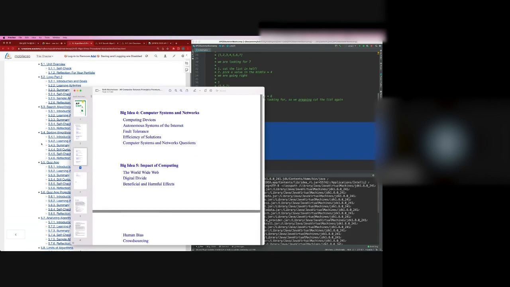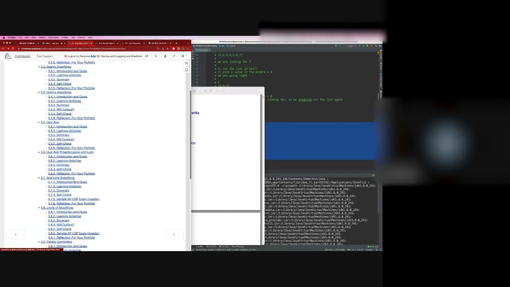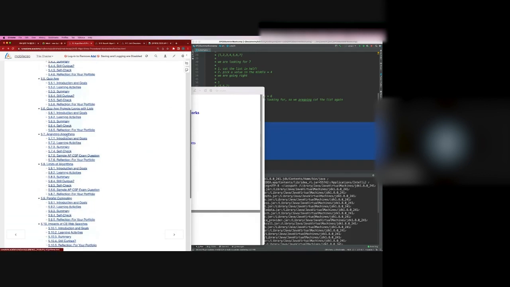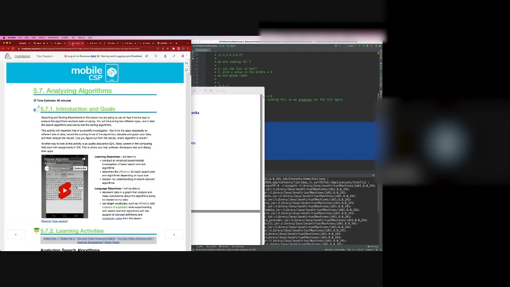And now we're going to go into analyzing algorithms, limits of algorithms and parallel computing, things like that.